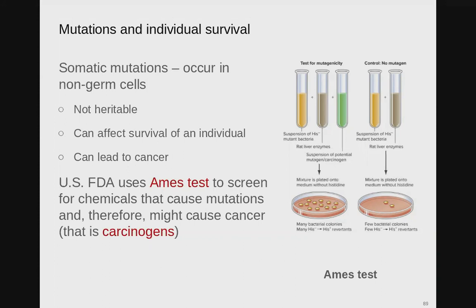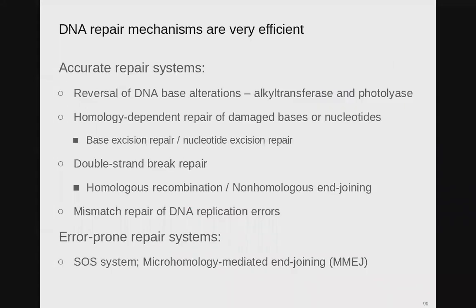The bacteria is histidine negative because it doesn't have the capacity to produce histidine. They see if it's a mutagen by whether the bacteria reverts back into being able to produce histidine, so if the mutagen has caused a reversion. Kind of a weird thing, but that's how they do it.